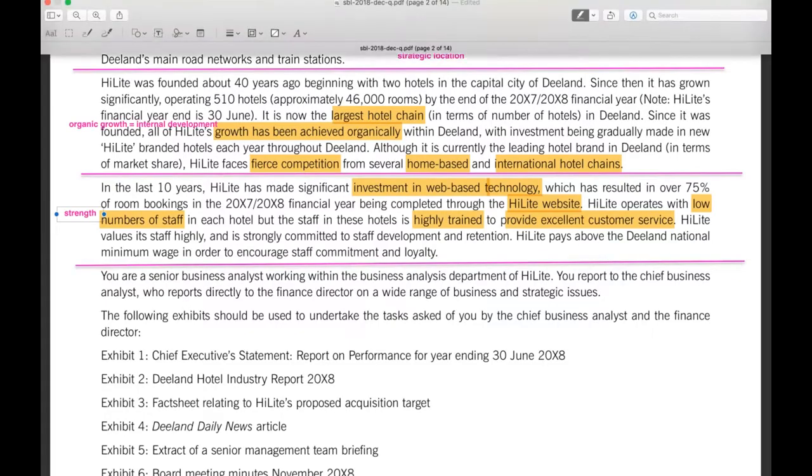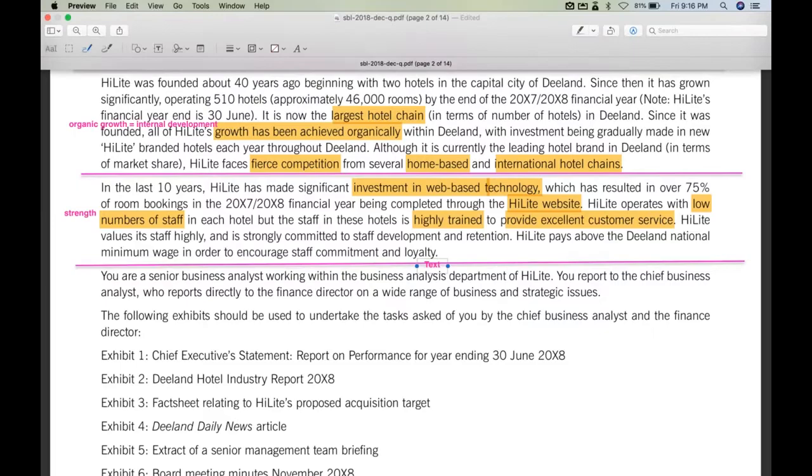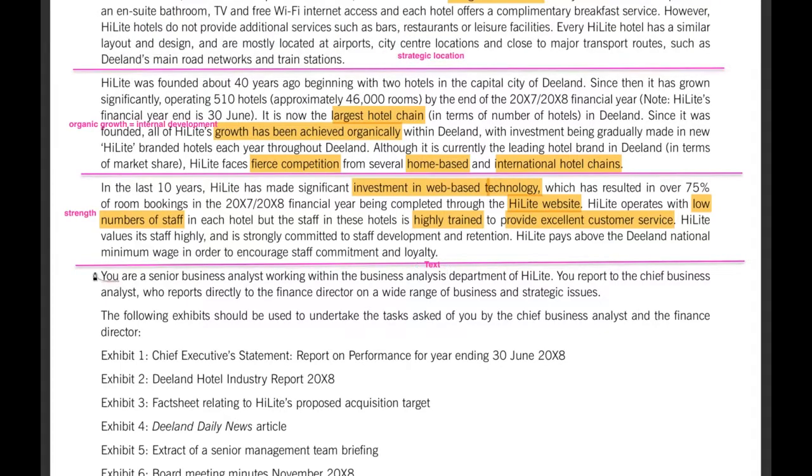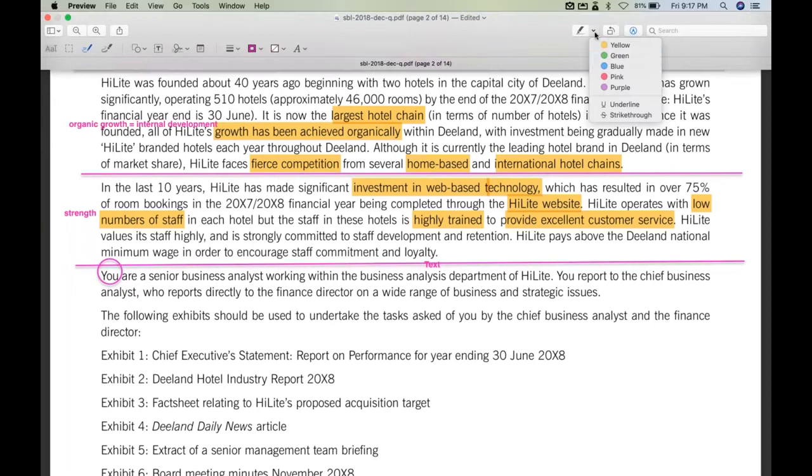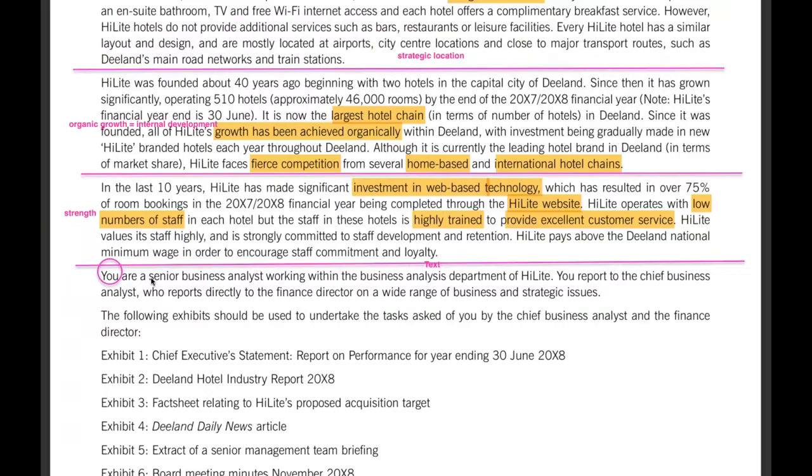Okay, here is you. This is you. Who are you? In this case, who are you? This is senior business analyst. And what else?